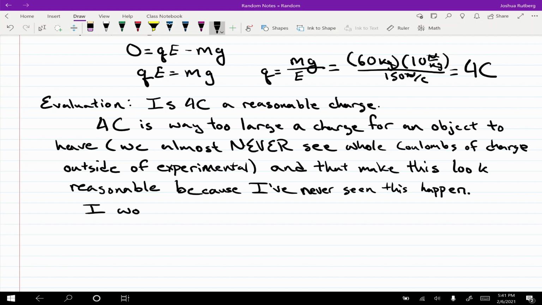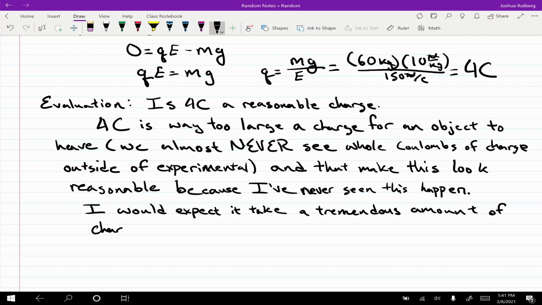So I would expect it to take a tremendous amount of charge to accomplish this. But again, we'd like to be a little bit more specific than this.